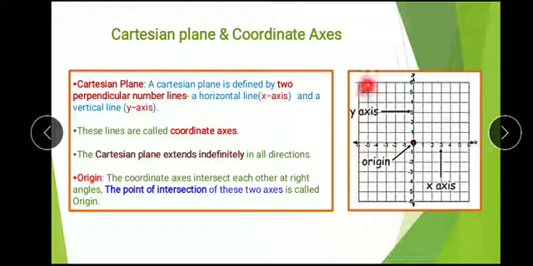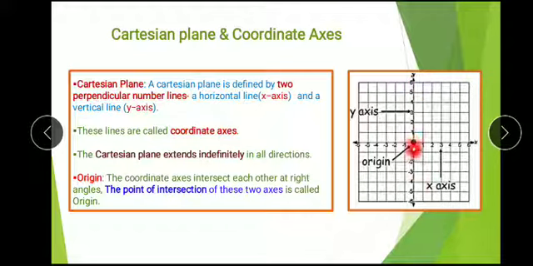It consists of two perpendicular lines. One is this one, the other one is this one. So these two are perpendicular lines. The horizontal line is called the x-axis and this one is called the y-axis. These lines are called coordinate axes.